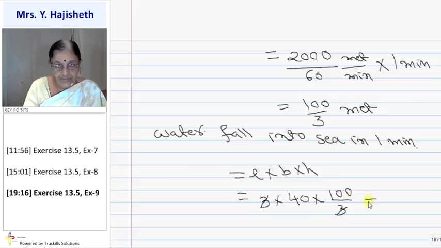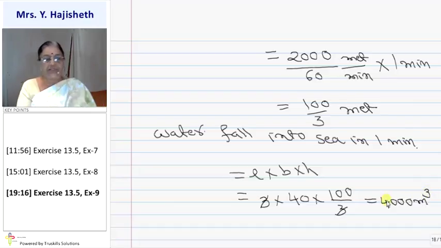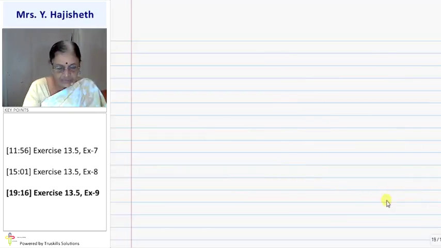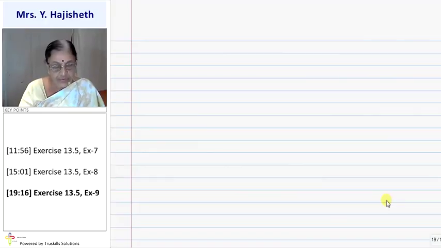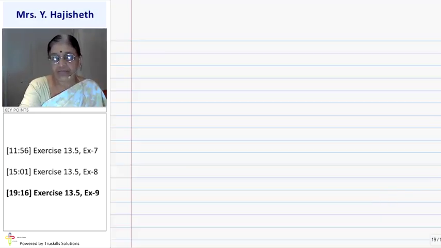So it is 4000 meter cube. This much water fall into the sea. Clear? तो स्पीड को जो किलोमीटर पर आवर है उसको मीटर पर मिनट कर देने का. Okay, because you are asked to find out distance in 1 minute, so you should take care.